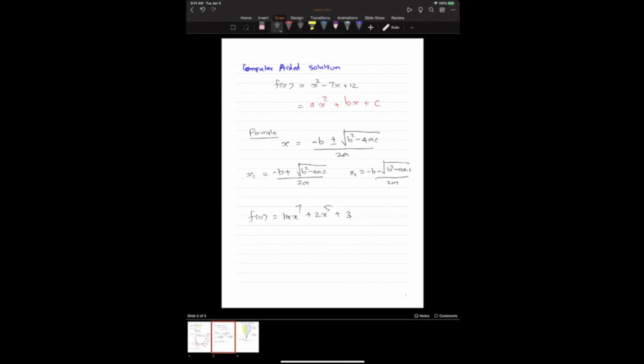We will write a function where x_(k+1) is a function of x_k. So x_k is a function of x_(k-1). This is the previous guess, and that is the present one.